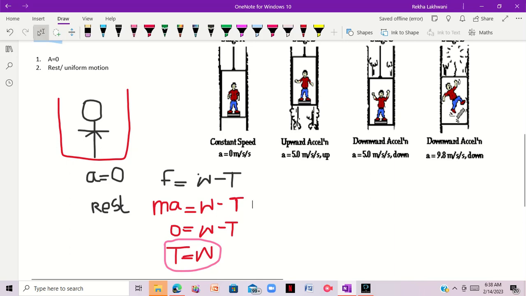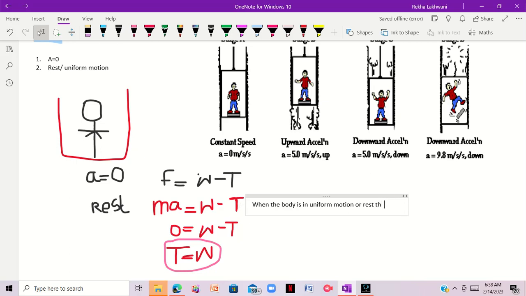We can write here that when the body is in uniform motion or rest, the real weight is equal to the apparent weight, right?